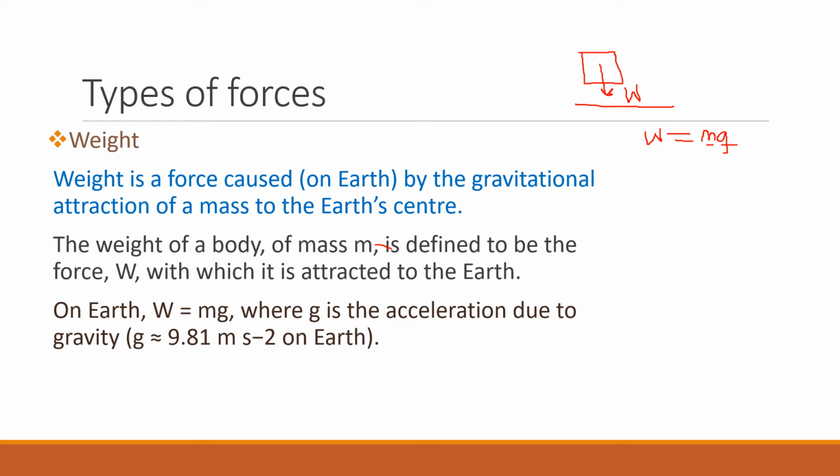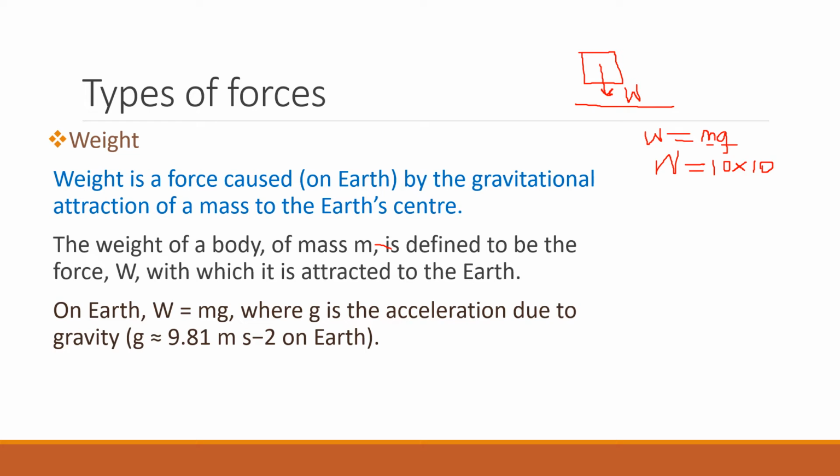And if you're told to calculate the weight of a mass weighing 10 kg, then you're going to say that weight is equal to that mass, which is 10 kg, times g.